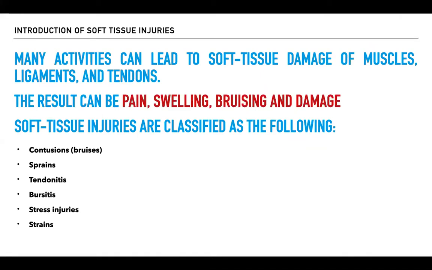Many activities can lead to soft tissue damage or injury. Ligaments, tendons, and muscles are included in the soft tissues. It may result in pain, swelling, bruising and damage. Soft tissue injuries are classified according to the injury level, like sprain, tendonitis, bursitis, stress injuries, ligament strain, muscle strain and ligament sprain.